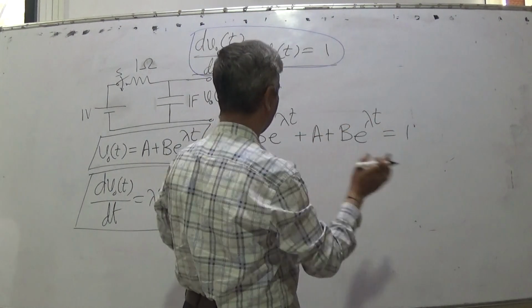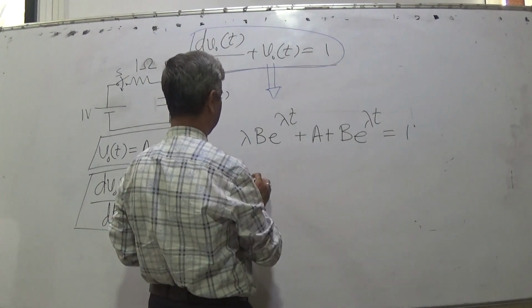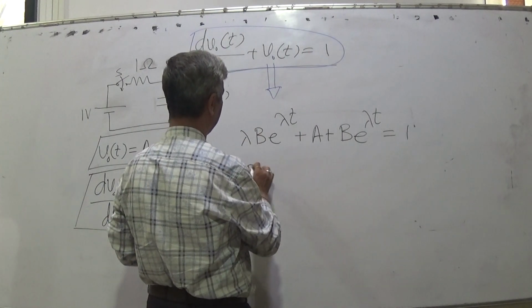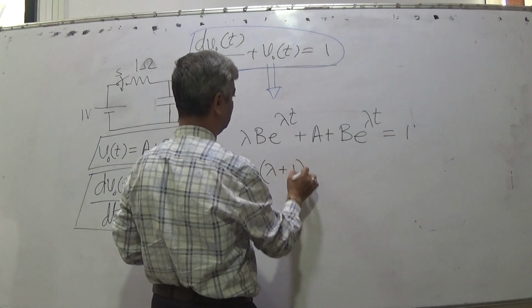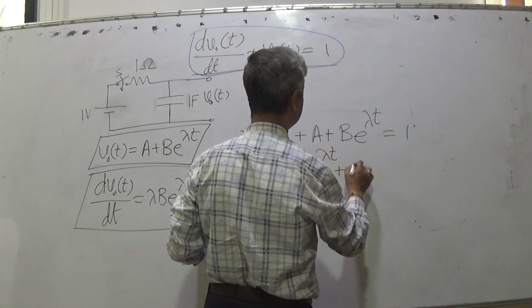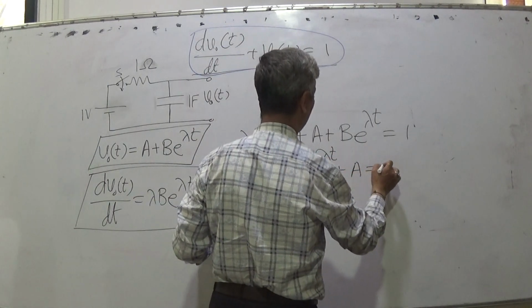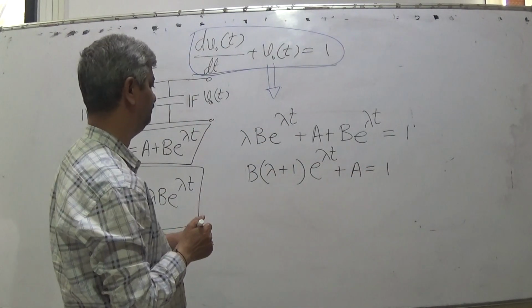Is it clear? So I combine terms of e raised to lambda t and other terms. So what I can get? B into bracket lambda plus 1, e raised to lambda t, plus A is equal to 1.